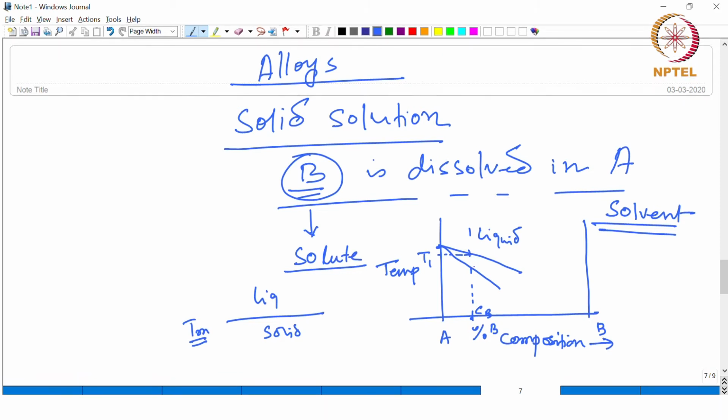The first crystals of solid will start to form once this T 1 temperature is reached, and then it goes through this particular range before it comes to the lower curve, below which it turns into a complete solid. Okay.